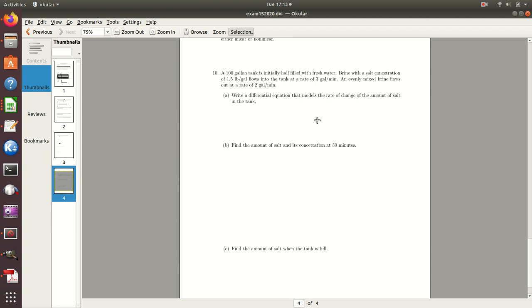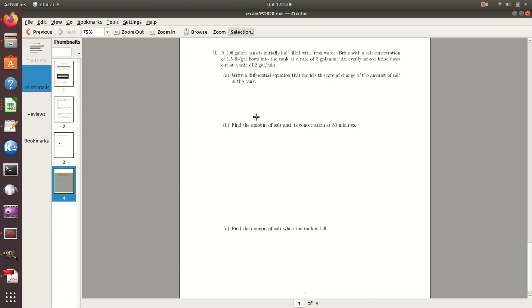And then finally 10, again, it's a particular type of problem that they gave us in the text that we looked at, and there are other types, the spring problems and so forth. So we had some different types of problems that they gave us, but this was one and it was a modeling problem.